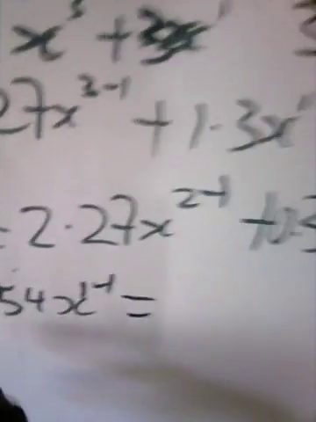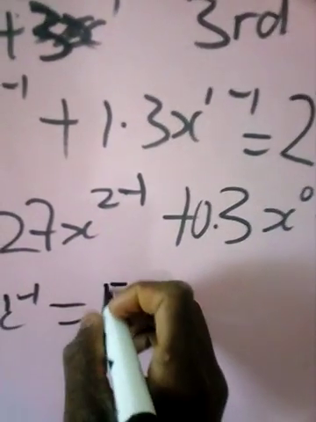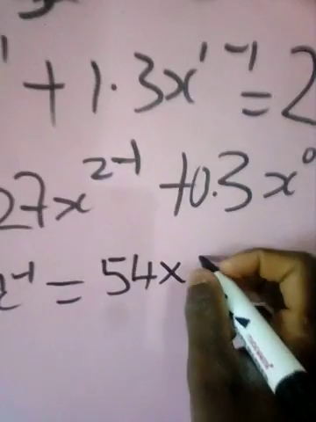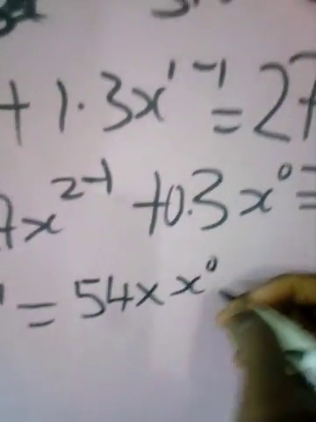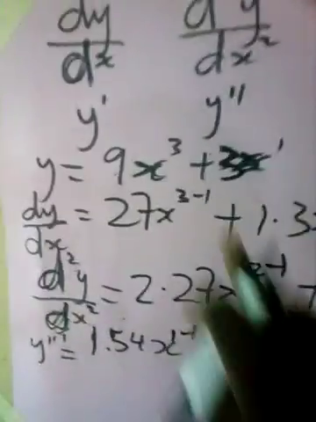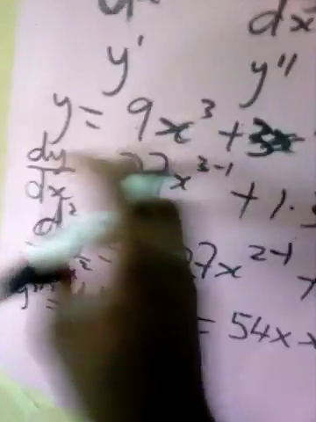So this gives me 1 times 54 times x raised to the power of 0. x raised to the power of 0 is 1. This gives me 54.